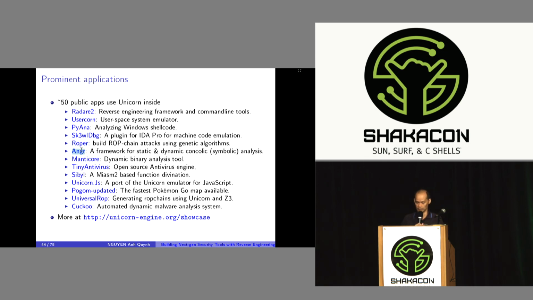Angr, which I mentioned before, uses Unicorn inside and speeds up performance by like 600 times. Manticore, a new framework also for dynamic binary analysis, has Unicorn inside. Tiny antivirus is an open source AV that uses Unicorn inside to emulate the malware, so you can detect the malware as it runs inside the emulator.